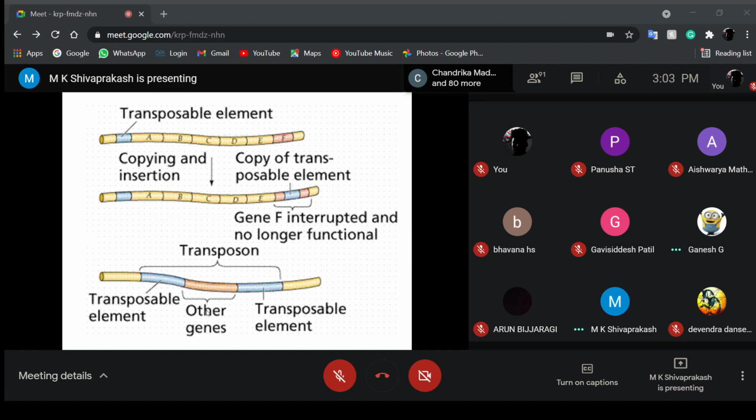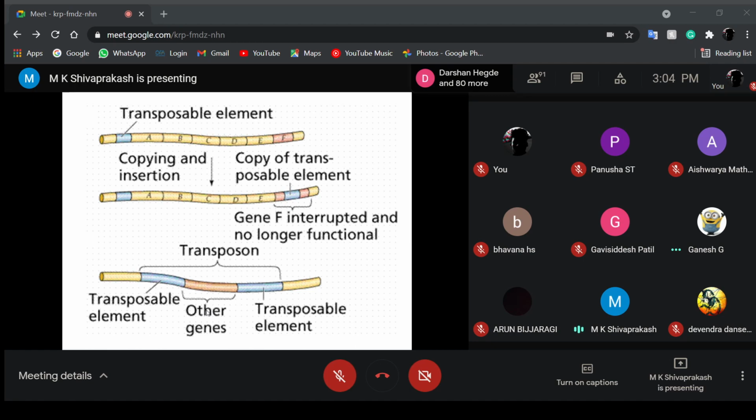Transposable elements increase in number as compared to genes, and also their position matters. Suppose they sit in between a functional gene; in this case they are showing the two places in this gene.